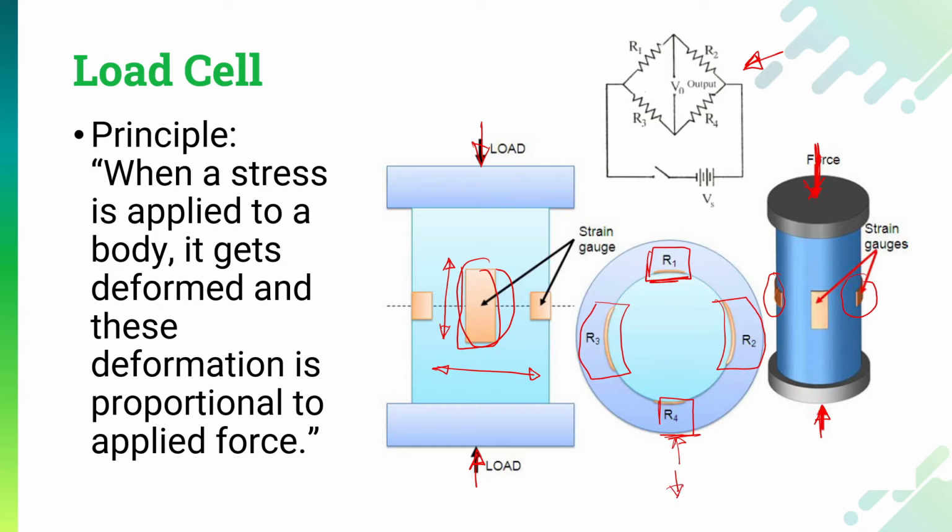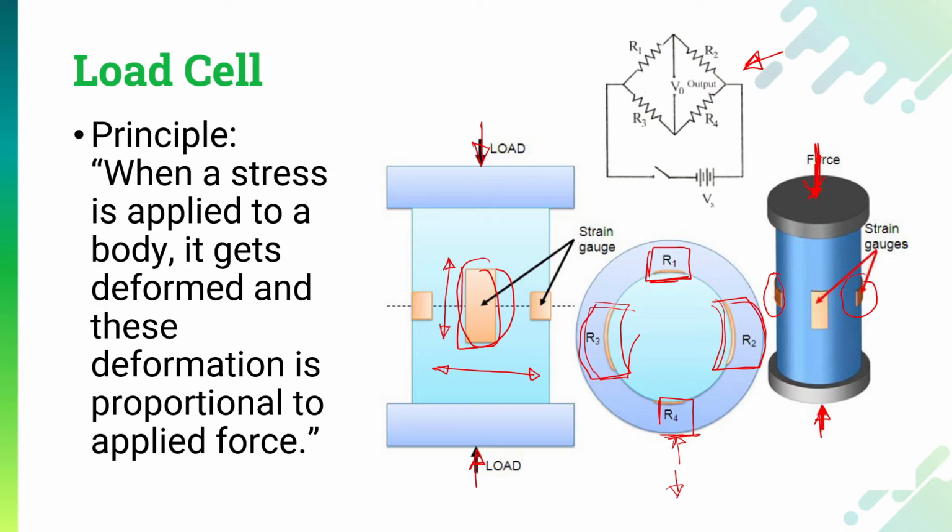The circumferential gauges that are available over here, R2 and R3, will go under tension because, as I told you, the diameter of the cylinder will increase in case of this kind of forces. So they will undergo tension, or say positive strain will be developed. Therefore the resistance of R2 and R3 will increase.